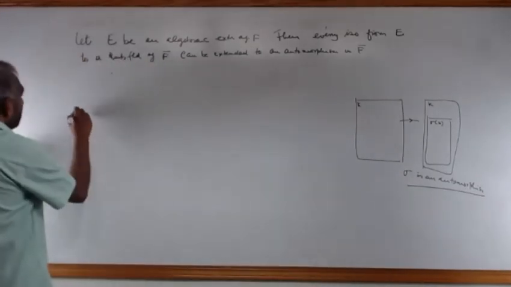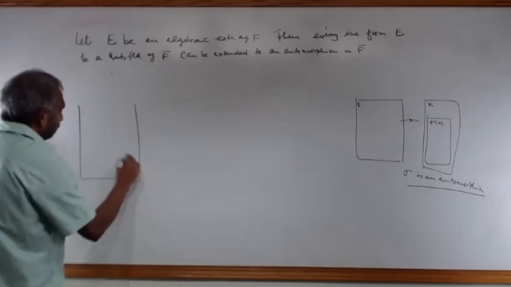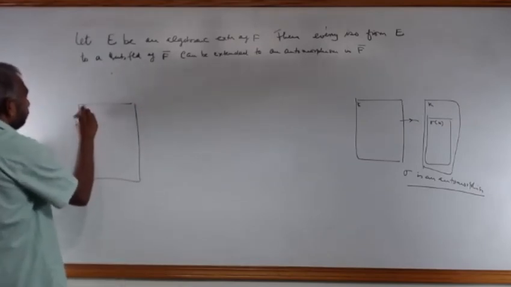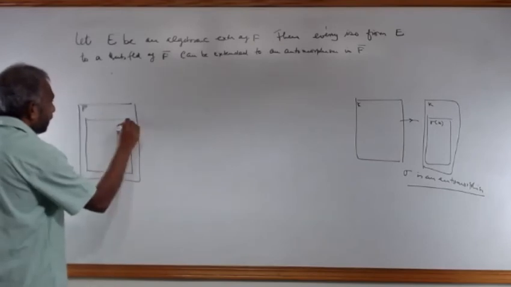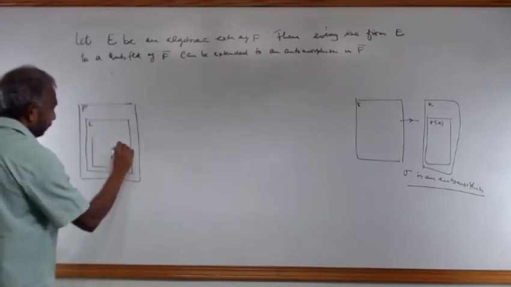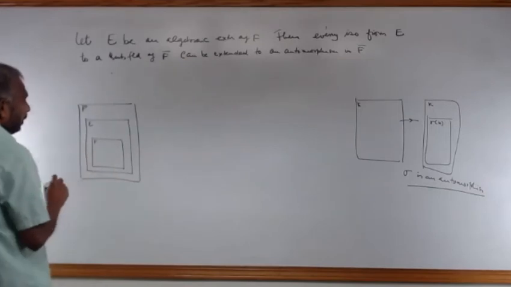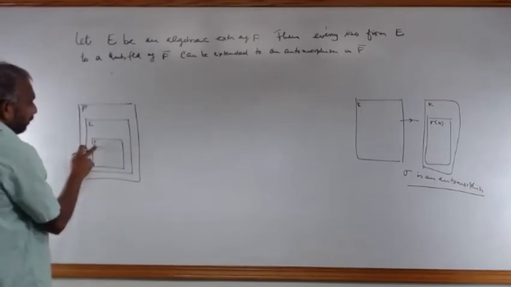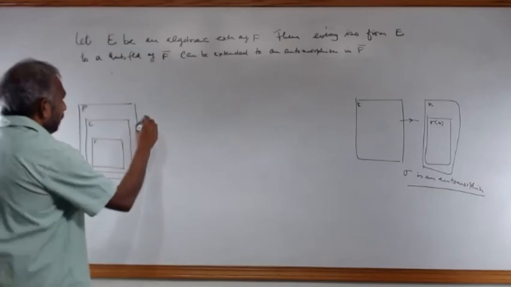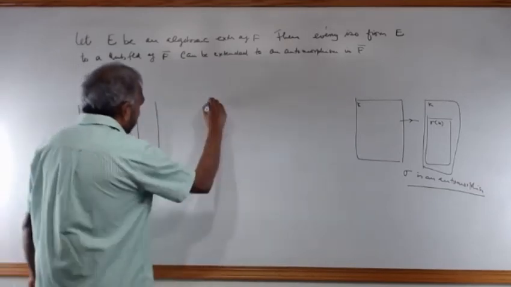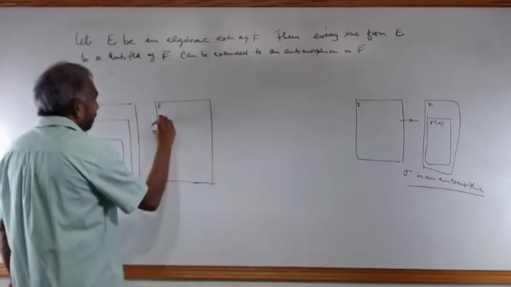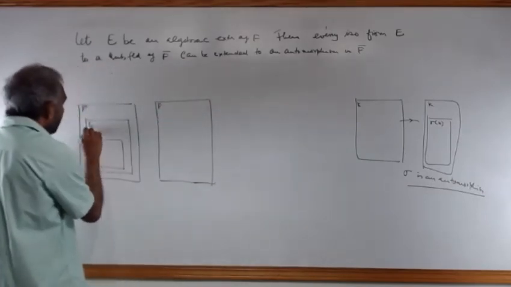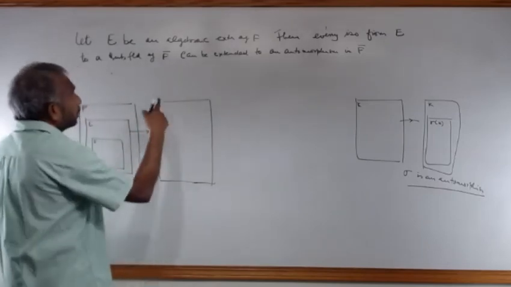So here what is happening? There is an F closure here, and there is an E here, and there is an F. E is an algebraic extension of F. And there is an isomorphism from E to a subfield of F closure.